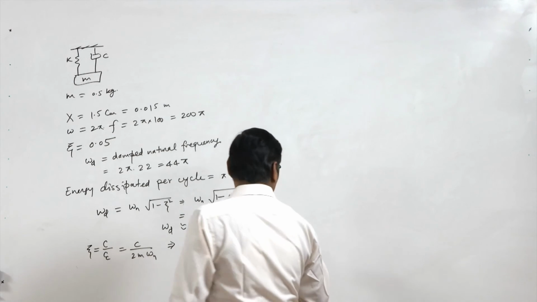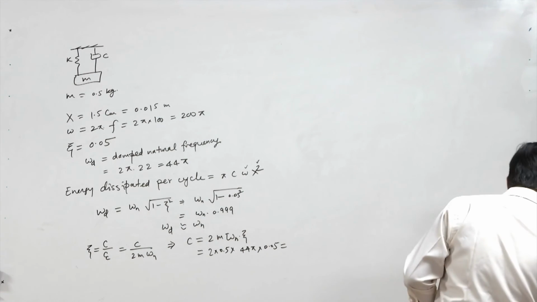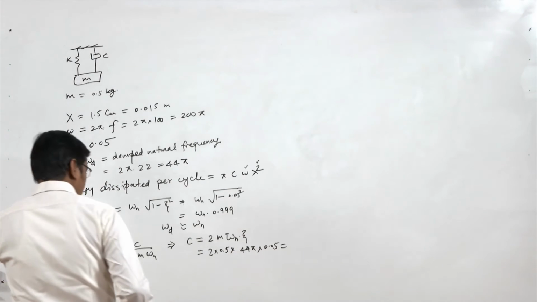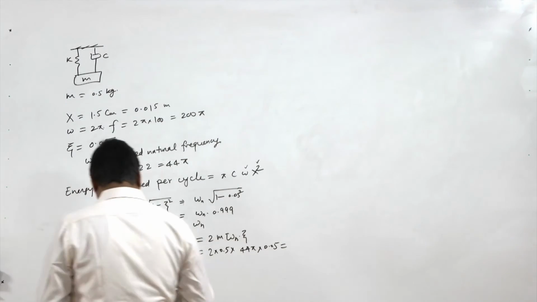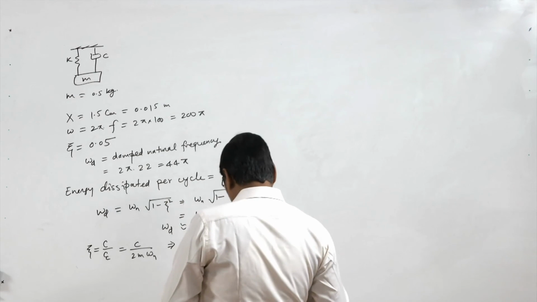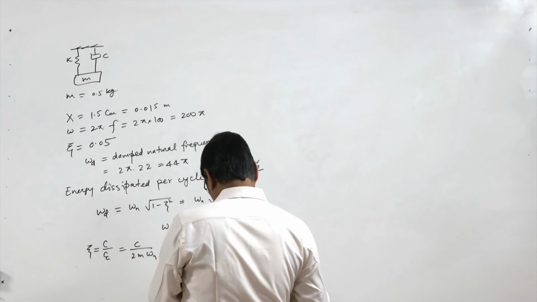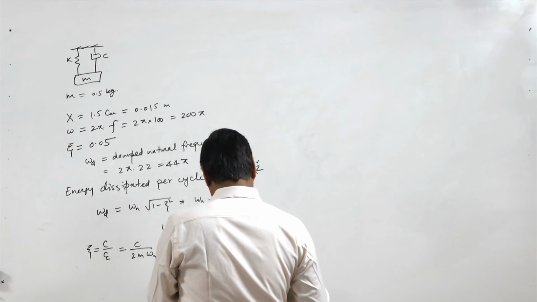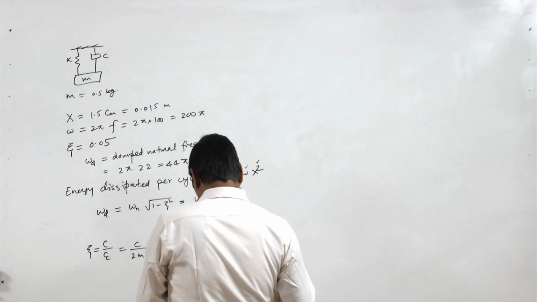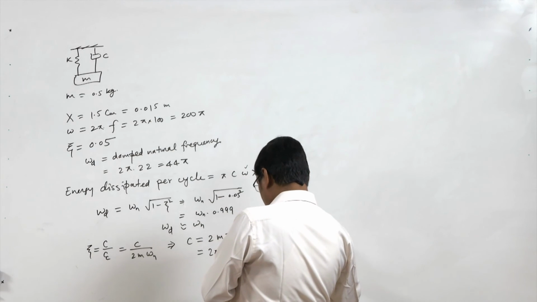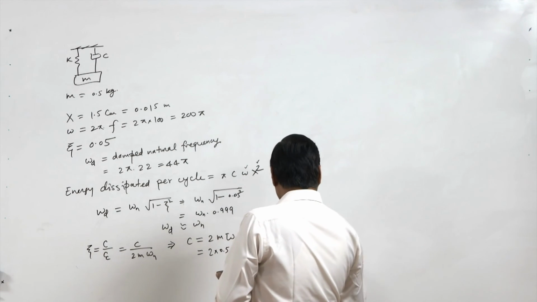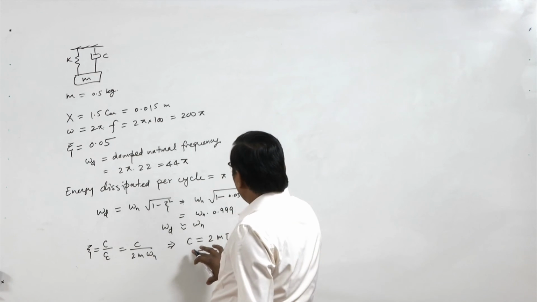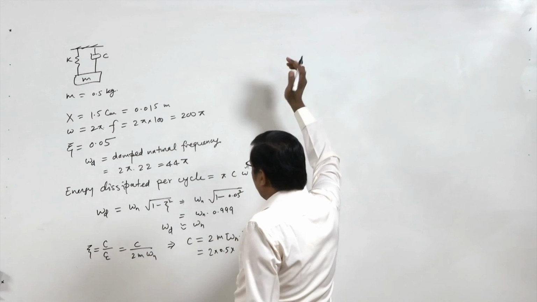So we can get c, and it is 6.91. So now we get c, now we can get the energy dissipated per cycle.